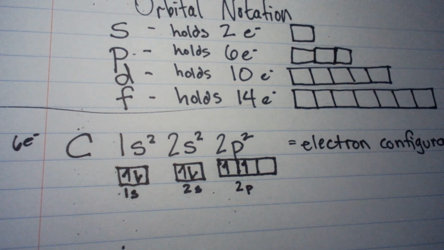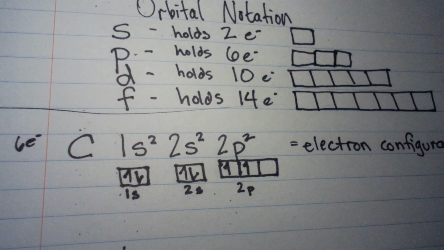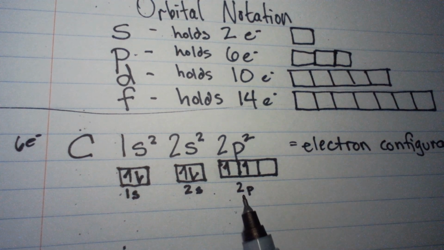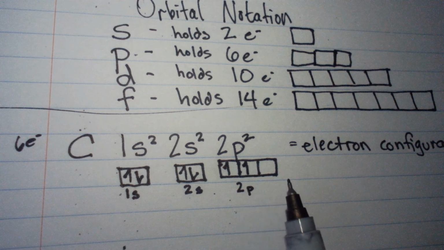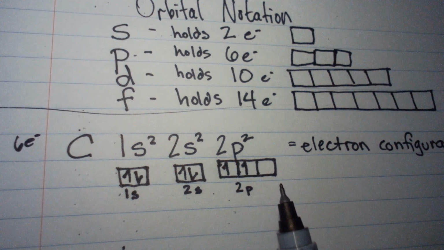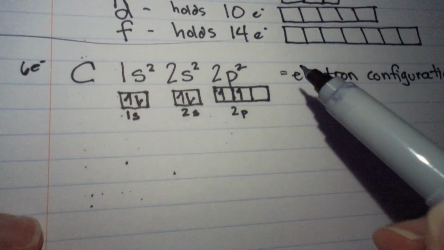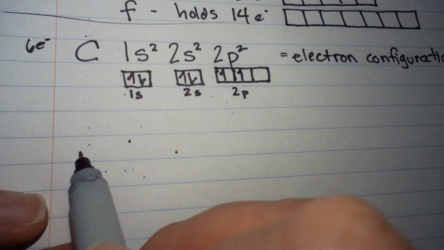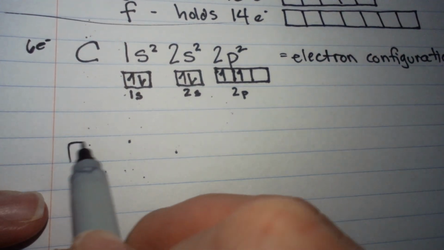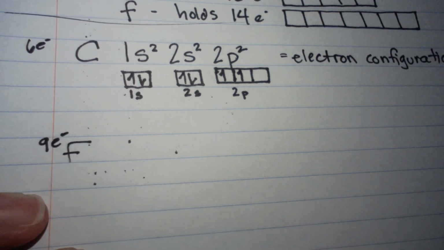Now we're going to put a couple of names with that. Yes, sir? So the 2p, yes, we usually have 3 boxes. Would it have 3 ups and 3 downs? You would, yeah. So if we did a bigger element, let's say fluorine. Let's go ahead and do an example for fluorine, because that's a great question and it does lead right into where we're going. It has 9 electrons.